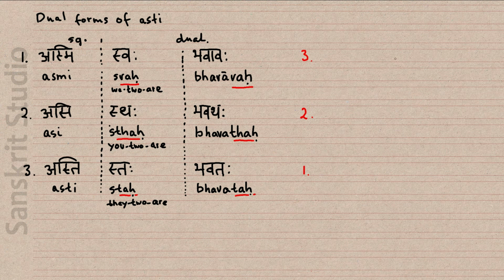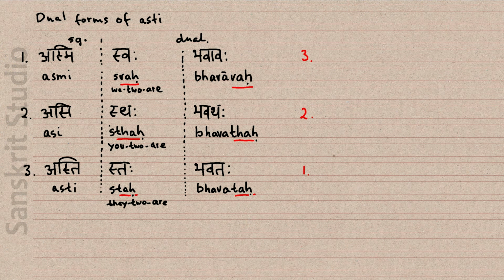But I think normally when it comes to Sanskrit grammar, uttama is regarded as the last. So number 1 is the first person here, the second one is the middle person, madhyama, right? Madhyama purusha. And pratama purusha, madhyama purusha, and uttama purusha.